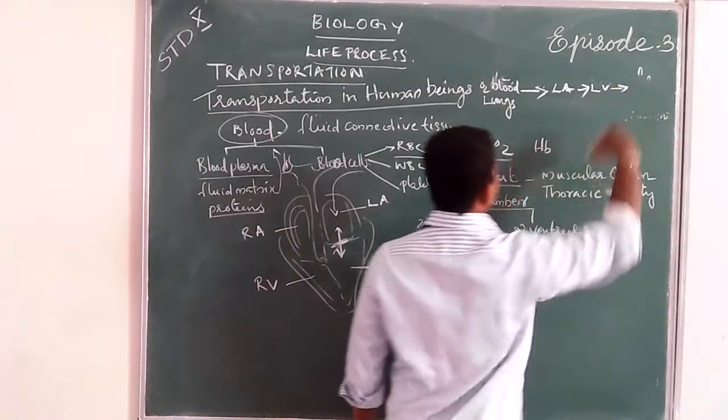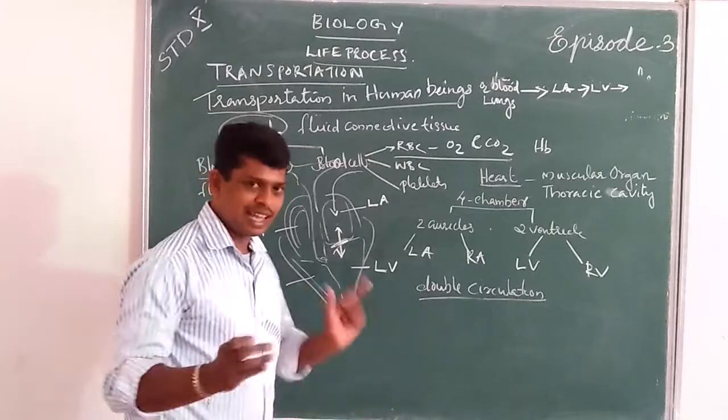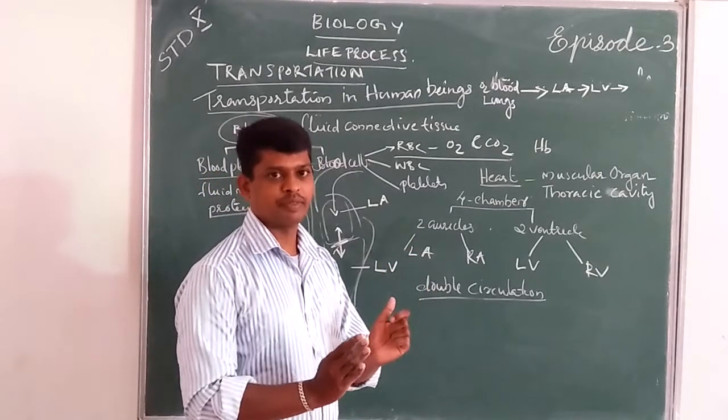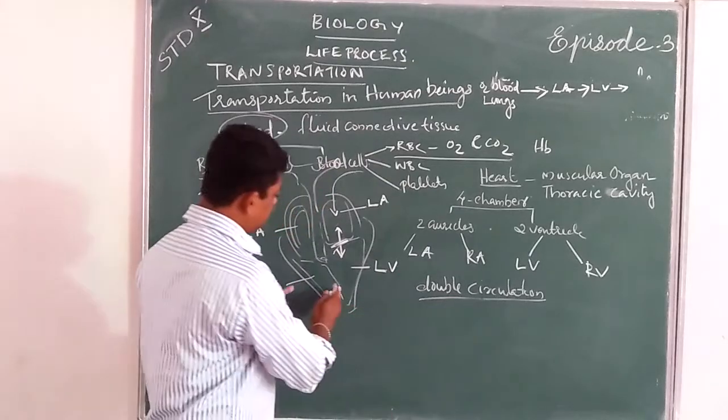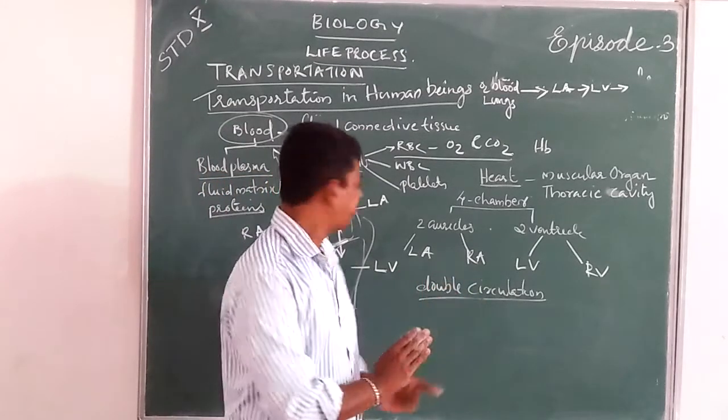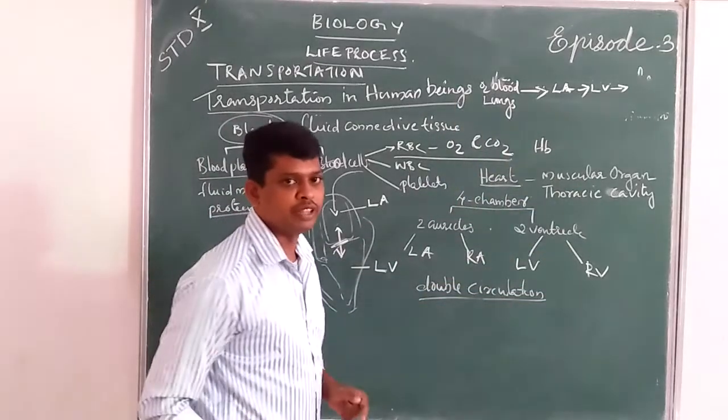After reaching the left ventricle, the ventricle contracts, develops a big pressure, and the blood is pumped fast and very strongly towards all other parts of the human body.